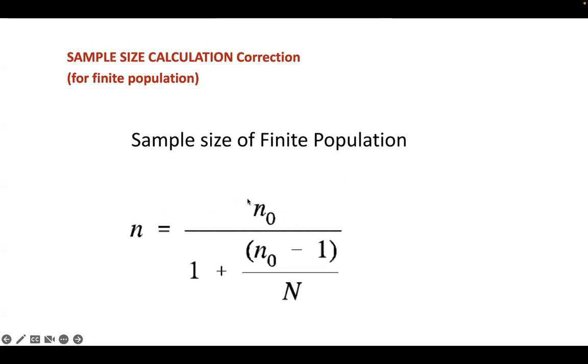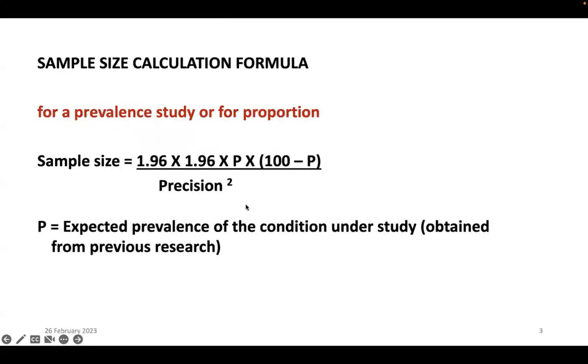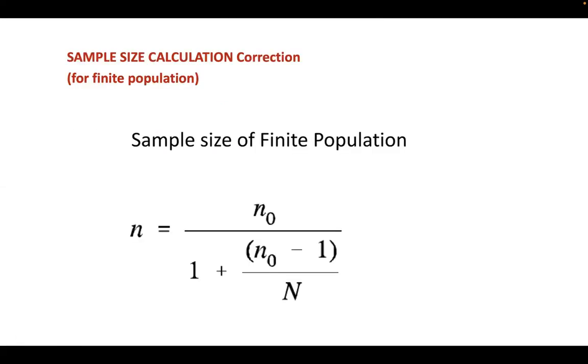N0 is the sample size that we calculate based on this formula, divided by 1 plus N0 minus 1 divided by capital N. Capital N will be the total number of people in that college, in that institution, or in that small village. So if the total number of people in the village is 200, you can apply it in the formula. So 370 we got, but the total number of people in that locality is only 200.